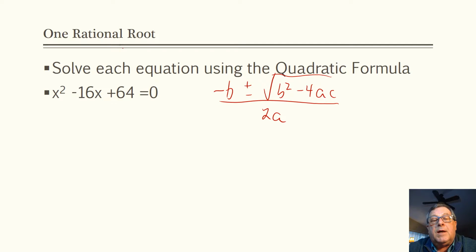All right, so we got negative 16. Negative 16 is b. Let's write it like this.